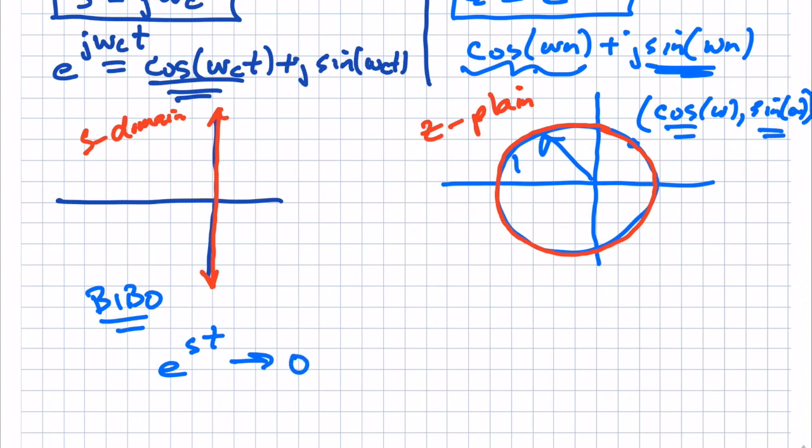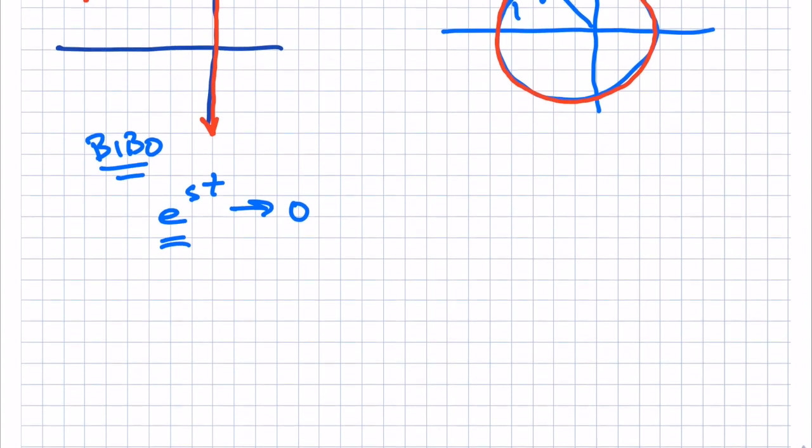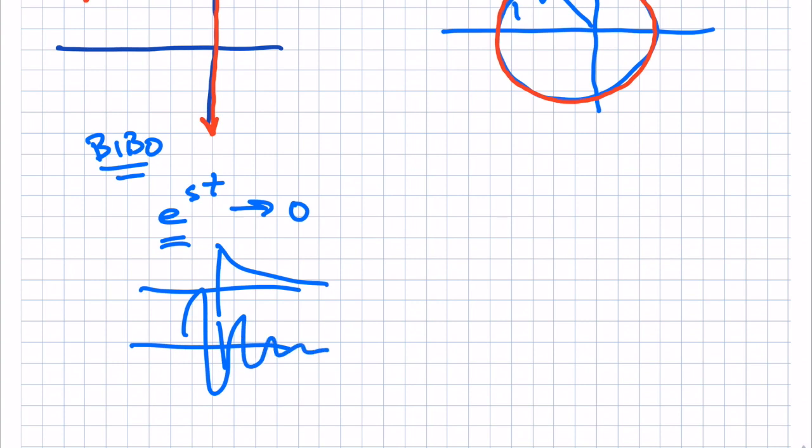And the reason for that is the homogeneous solution has components based off of e to the st. If the homogeneous solution doesn't decay to 0, the system's going to be unstable. So what we need then is the negative sign on the exponent to force the signal to somehow die out. It might wiggle and die out like this, but it still needs to die out.